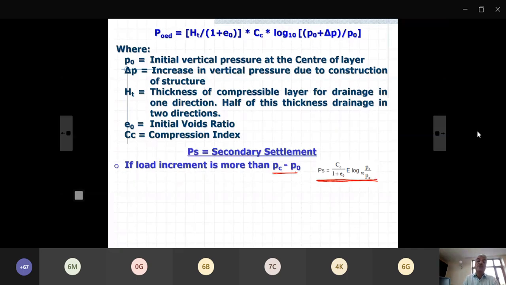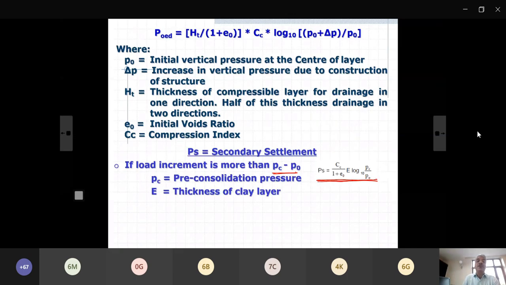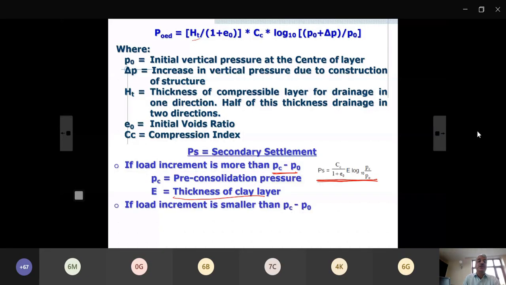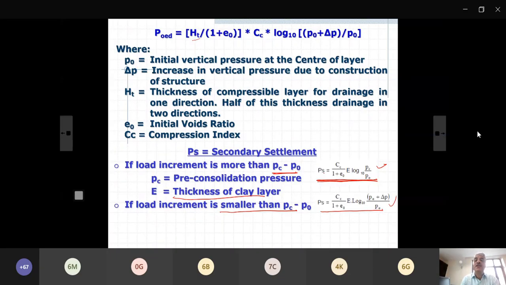Then this is also done for every layer. Pc is the pre-consolidation pressure, E is the thickness of the clay layer, whatever was Ht here, the word E is used. And if the load increment is smaller than Pc minus P0, then this is the formula, because here there will be recompression, here there will be virgin compression, that's the difference. So Ps equals Cr over 1 plus e0 times E log 10 Pc by P0, and Ps equals Cc plus this.